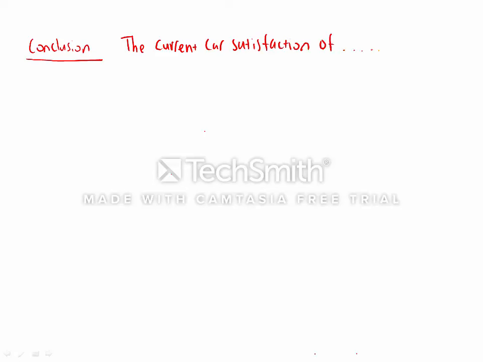The way we write this is, the conclusion: the current car satisfaction of, I forgot what the variable in the front is, so you have to fill in the variable that's in front, by income.